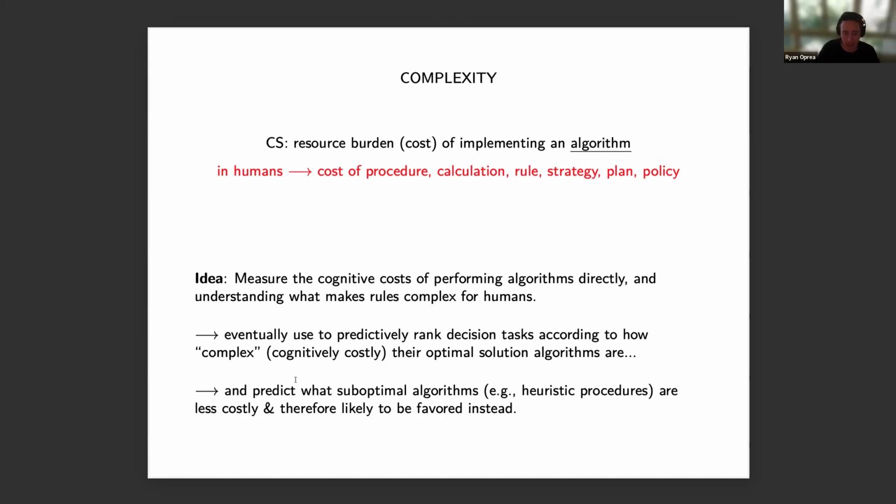And similarly, we can predict what suboptimal algorithms look like, what it means to use a heuristic, why a heuristic is a heuristic, what makes them less costly and therefore likely to be favored. And this allows us, or could allow us, to not only predict what types of tasks people are likely to fail to behave in as we expect them to, but also what types of behaviors are most likely to divert to instead. And this is something that could be tremendously useful in developing policy and building institutions.